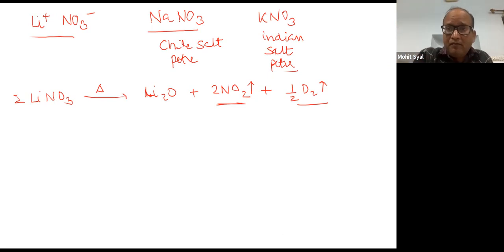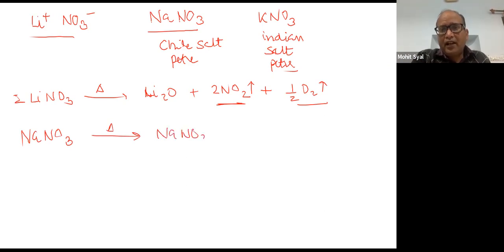If you take sodium or potassium nitrate, they are going to decompose in a different manner. NaNO3, if you heat it, sodium is going to form NaNO2, sodium nitrite, and it is going to give away oxygen gas only, right? So this is an abnormal behavior of lithium. Okay, is it clear?